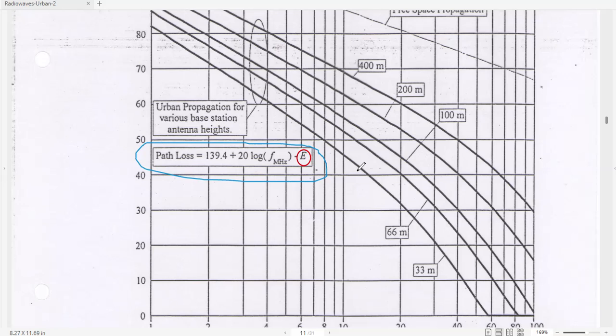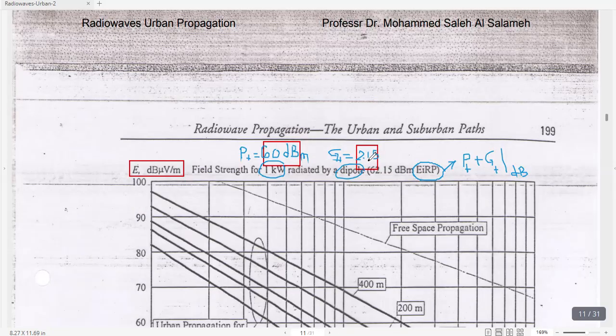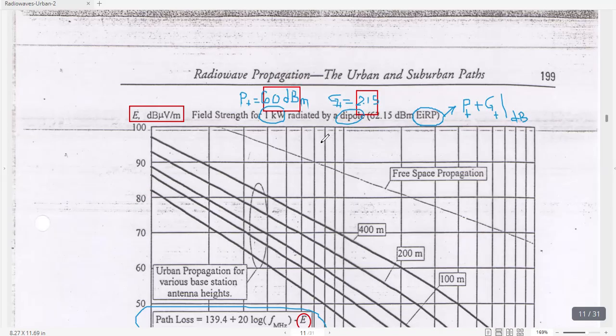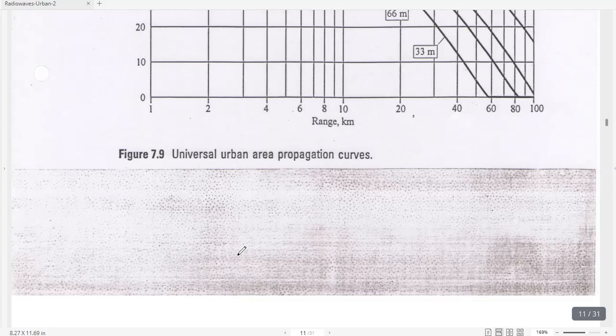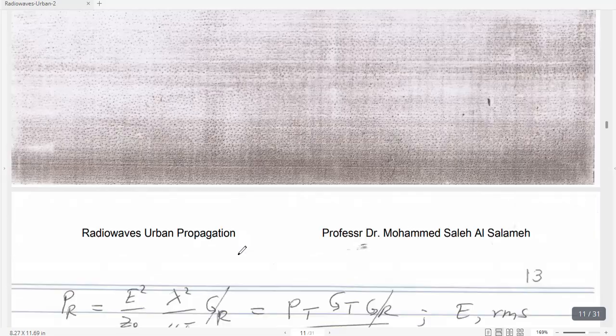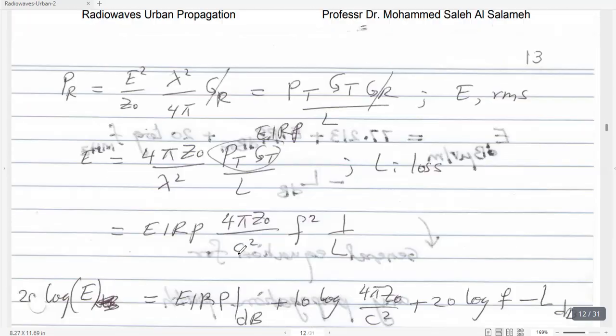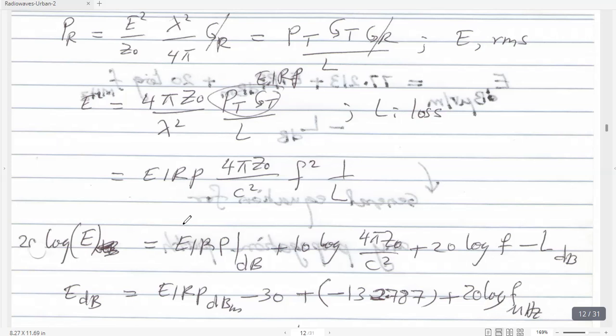It is valid only for EIRP of 62.15 dBm only. If EIRP is not equal to this value, this equation is not valid. So I will derive an equation which should be valid for any EIRP.